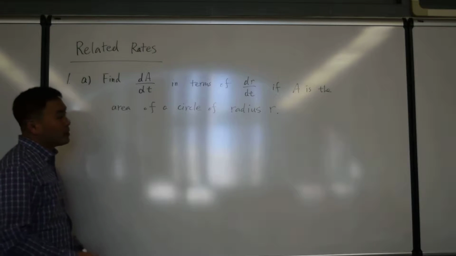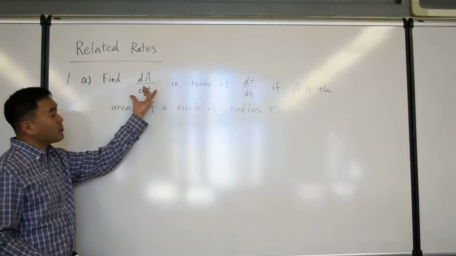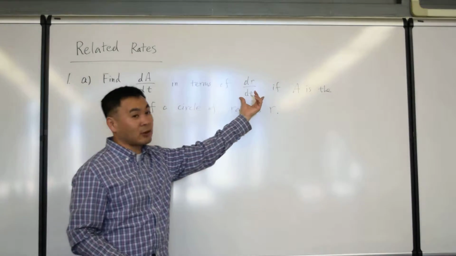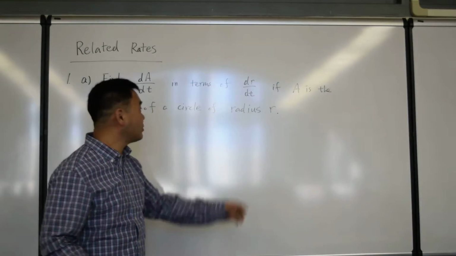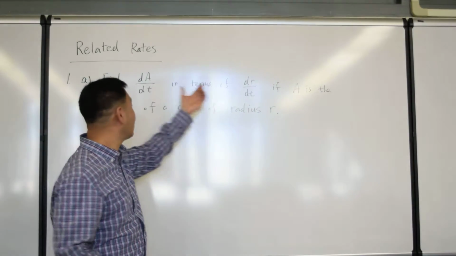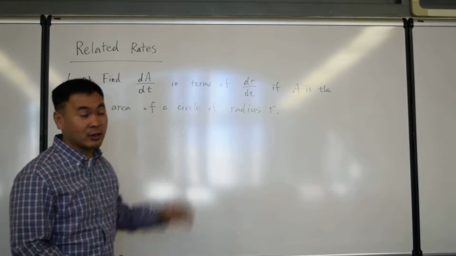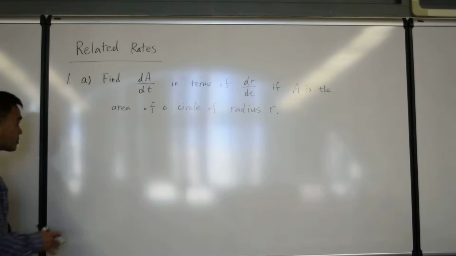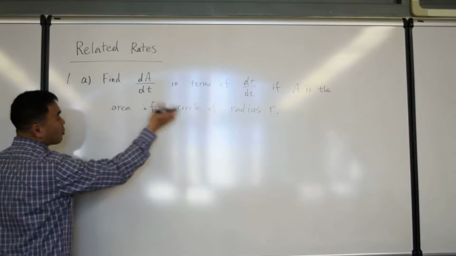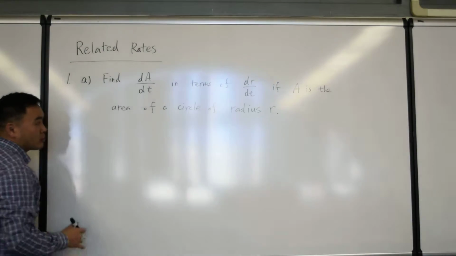So it's asking for the rate of change of one variable with respect to another one. Often this will be given as a value, right? And using that you can find the value of dA/dt. But here it's just asking you for a formula, the relationship between them.